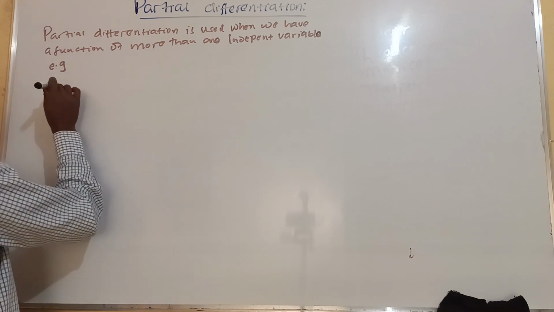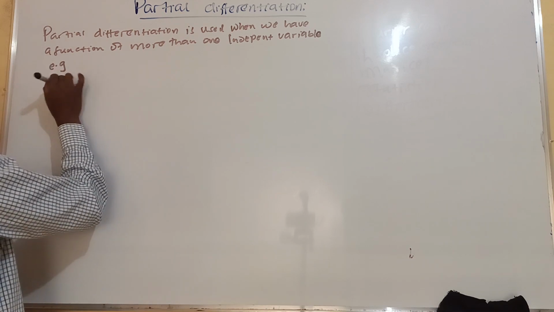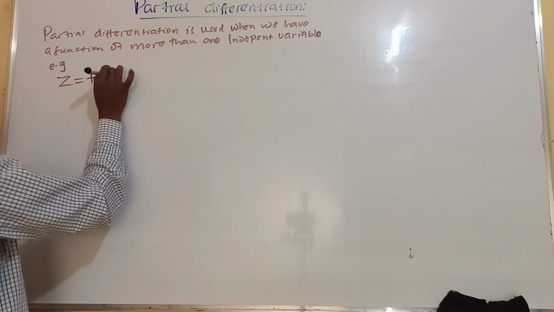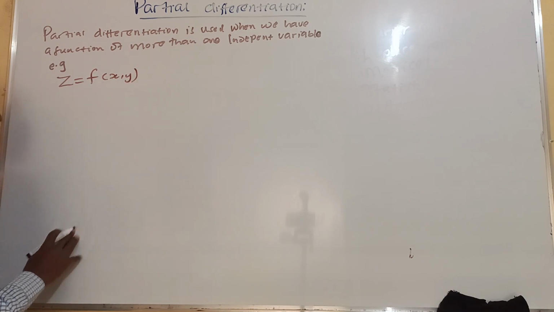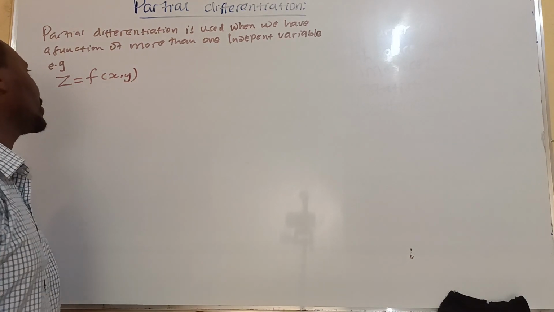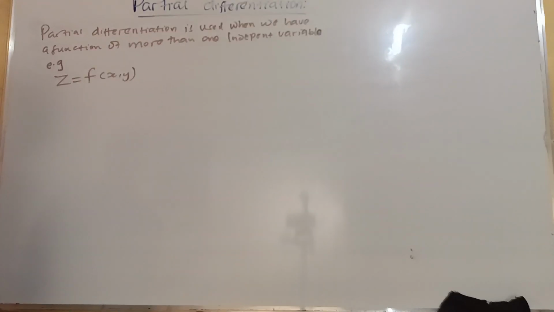For example, if you have z equal to a function of x and y, also use z as the dependent variable and x and y as the independent variables.